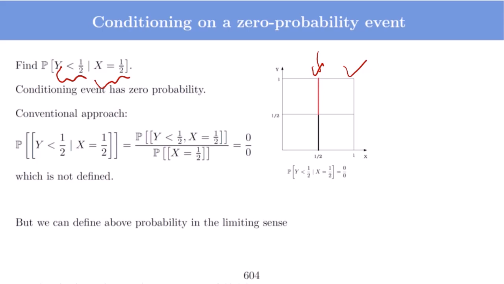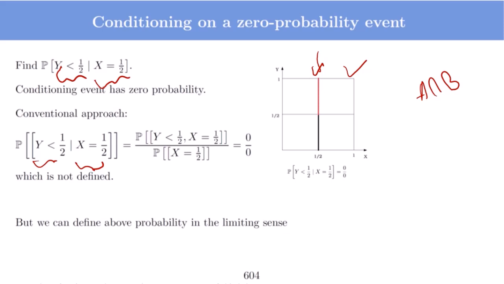It is 0 because a line in a two-dimensional space has 0 measure. So if I have to compute the probability that y is less than half, conditioned on the event that x is half, again I will compute the same thing. A is this, B is this. So I will compute the probability of A intersection B. And what is A intersection B? It is the event that y is less than half and x is half.